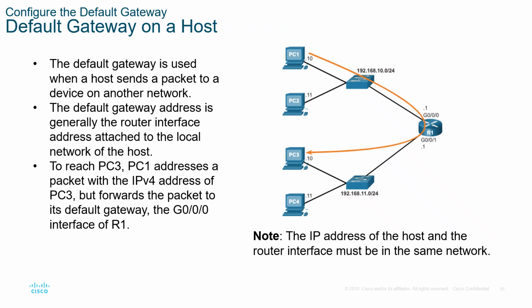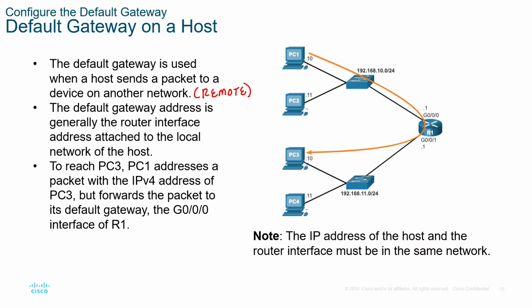Now, our default gateway, if you don't know this by now, folks, you might want to rethink your position. I've talked about this since the very inception of these courses. Your default gateway is used when a host sends a packet to a device on another network, also defined as remote. Your default gateway address is generally the router interface attached to the local network of the host.